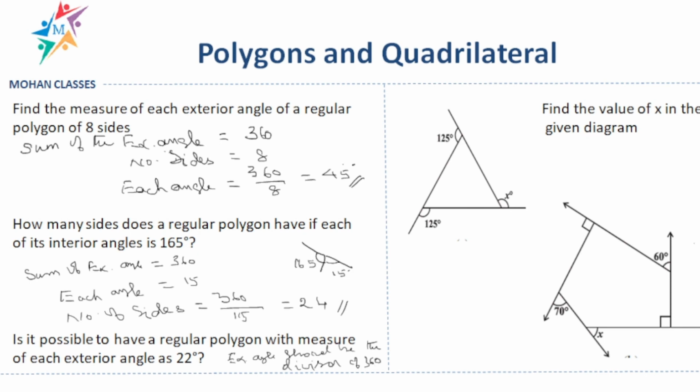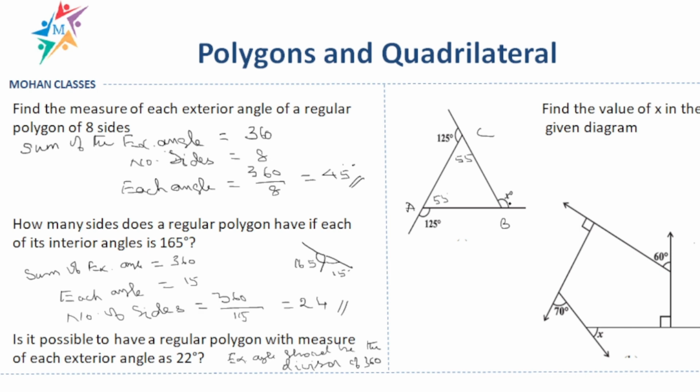Let us find the value of x by seeing this diagram. Let us take this as a triangle ABC. If this angle is 125 degrees, what about this one? 180 minus 125 is 55 degrees. Similarly, here also 180 minus 125 is 55, because these are supplementary.